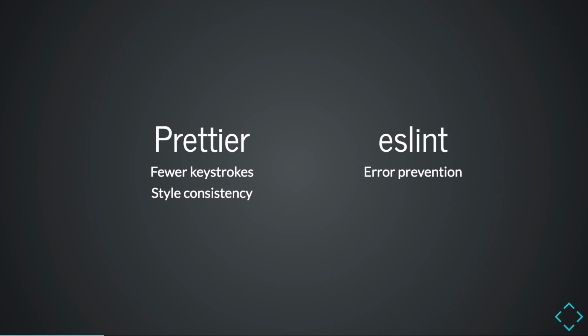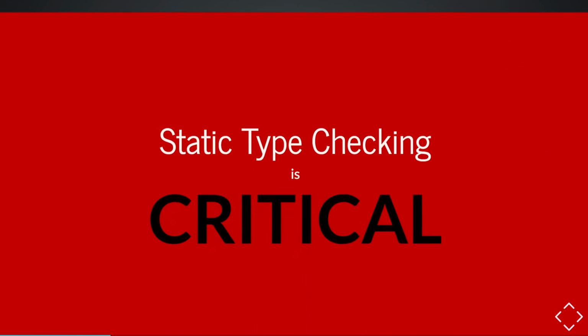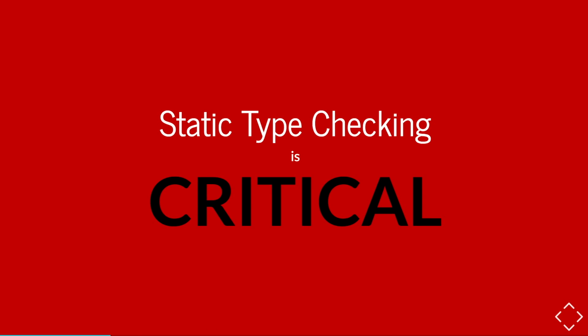And ESLint. Would anybody admit to not using ESLint? No. TSLint. TSLint. Okay, fair enough. So ESLint, it's a default, but it's hard to understate how critical this tool is. Static type checking is critical.